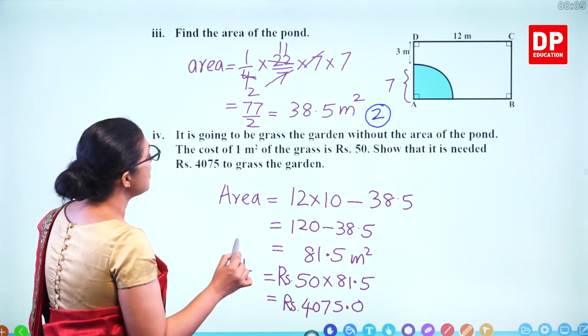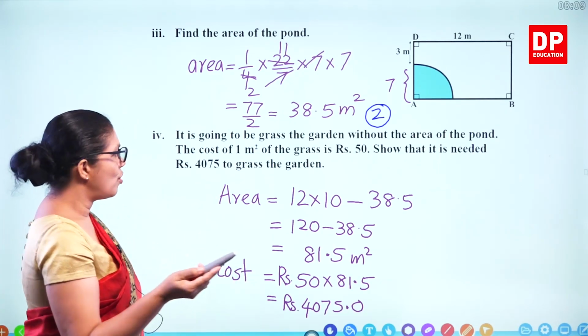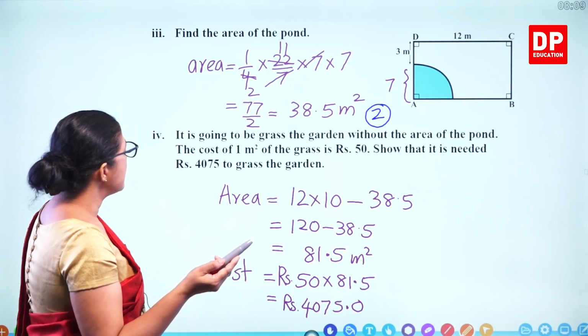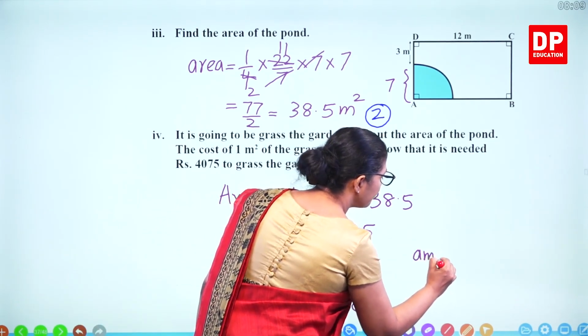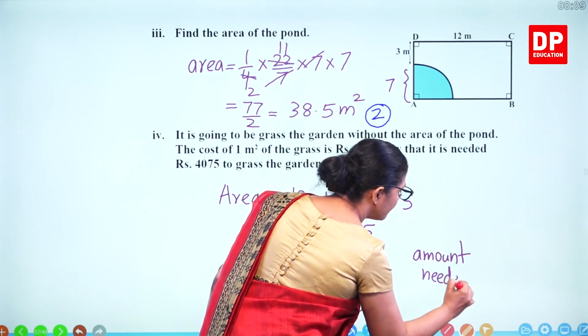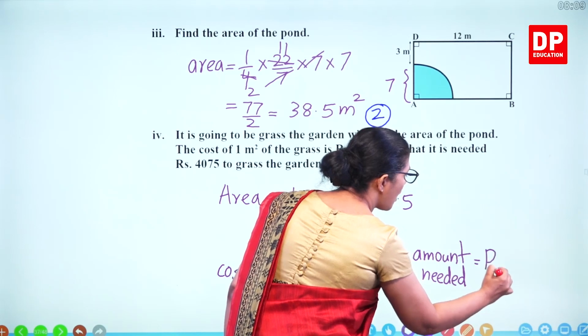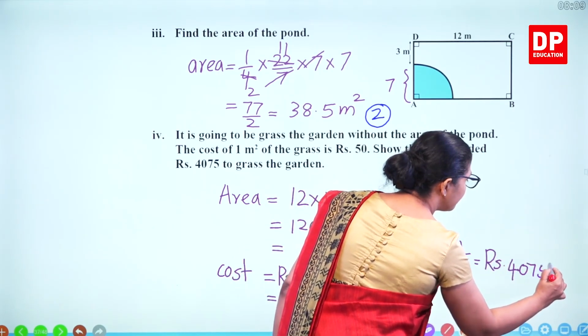So 4075. So that's the amount needed. So it says show that it is needed. So amount needed ₹4,075.